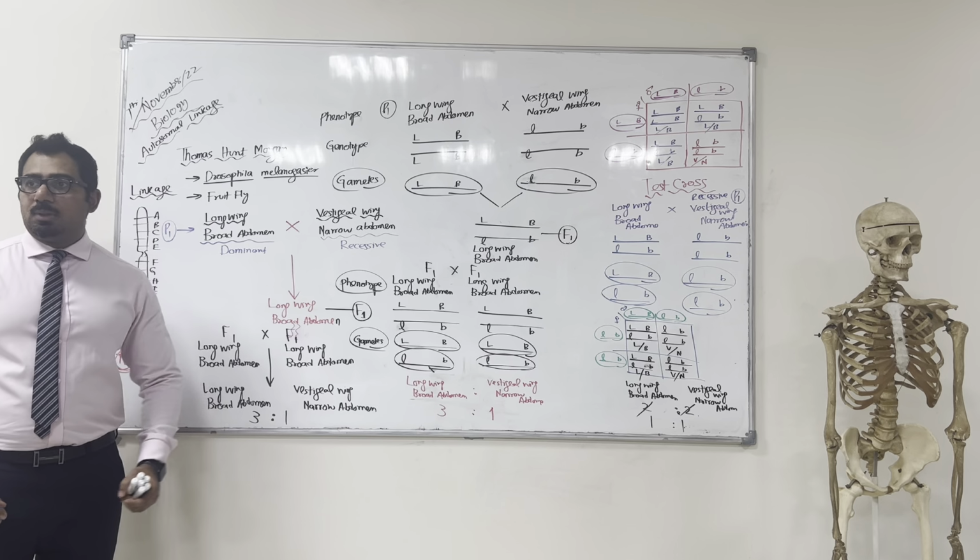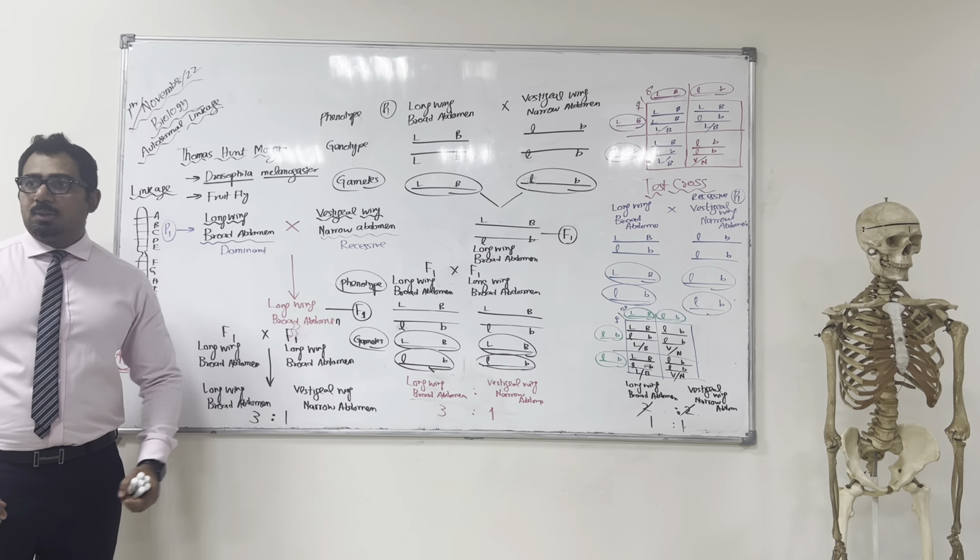He took wings and abdomen. There were two types of wings, long and vestigial, and broad abdomen and narrow abdomen. With his previous experiments, he already knew long wing is a dominant trait and broad abdomen is also a dominant trait. Vestigial wing is a recessive trait and narrow abdomen is also a recessive trait.